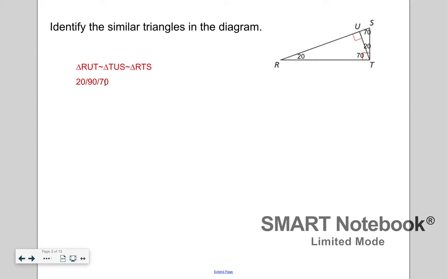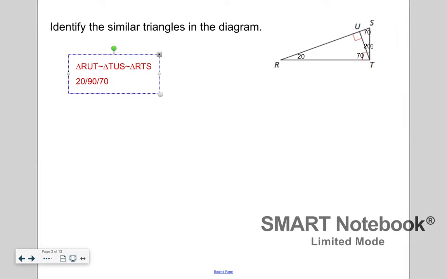And so I just wrote this here to help you understand what I said about the corresponding parts. I started with triangle RUT. The first triangle you can write however you want. But when I named triangle RUT, I started with the 20-degree angle, then the 90, then the 70. So when I went to the other similar triangles, I had to make sure I went in that order: 20-degree angle, 90-degree angle, 70-degree angle.